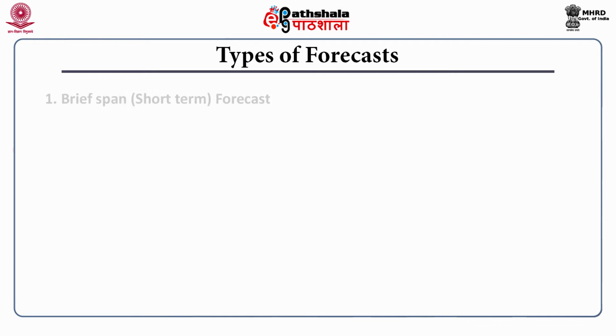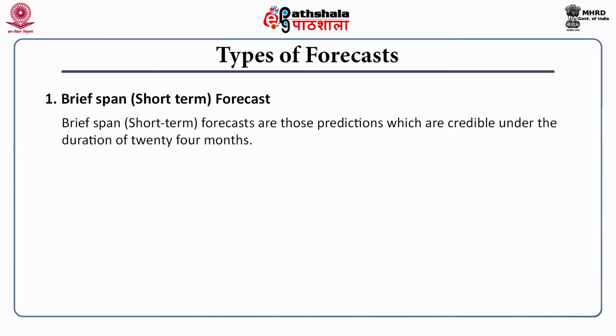First is brief span or short term forecast. Brief span forecasts are those predictions which are credible under the duration of 24 months. They are very crucial at the grassroots, microscopic level, that is company level or departmental level. Second is moderate span or medium term forecasts.